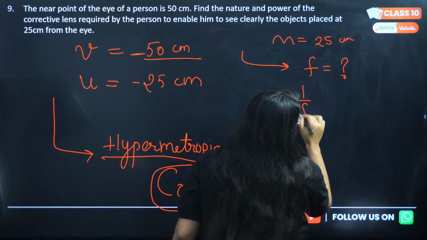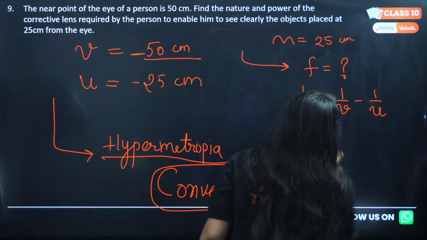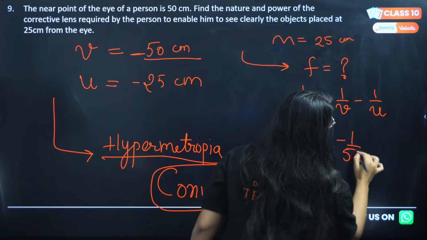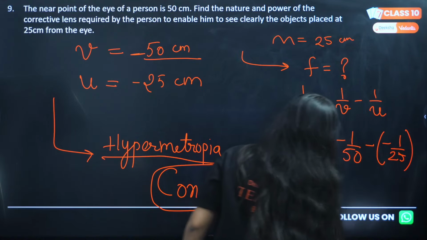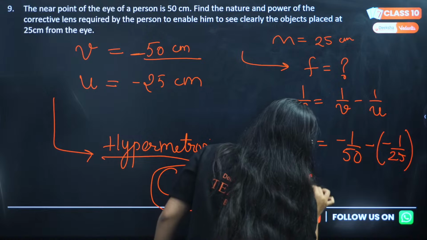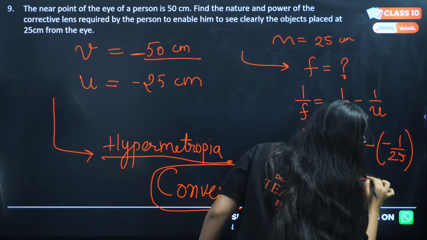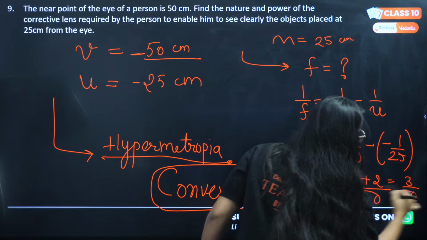So using lens formula, this will be 1 by V minus 1 by U. So 1 by focal length will be minus 1 by 50 minus of minus 1 by 25, correct? Which will be, if you just solve it, this will be 1 plus 2, 3 by 50.